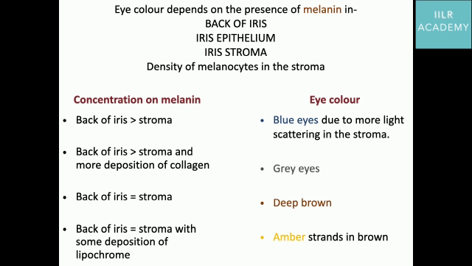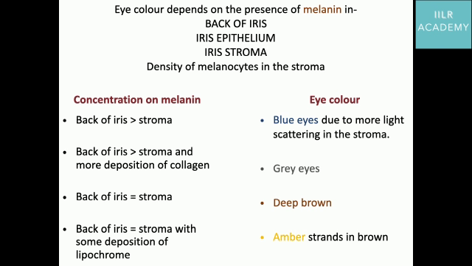The person will tend to have bluer eyes. It is because more amount of light is scattered inside the stroma. Whenever the concentration of melanin is more at the back, the longer wavelengths from the light are absorbed there, and the shorter wavelength, which is like blue, tends to scatter inside the stroma.